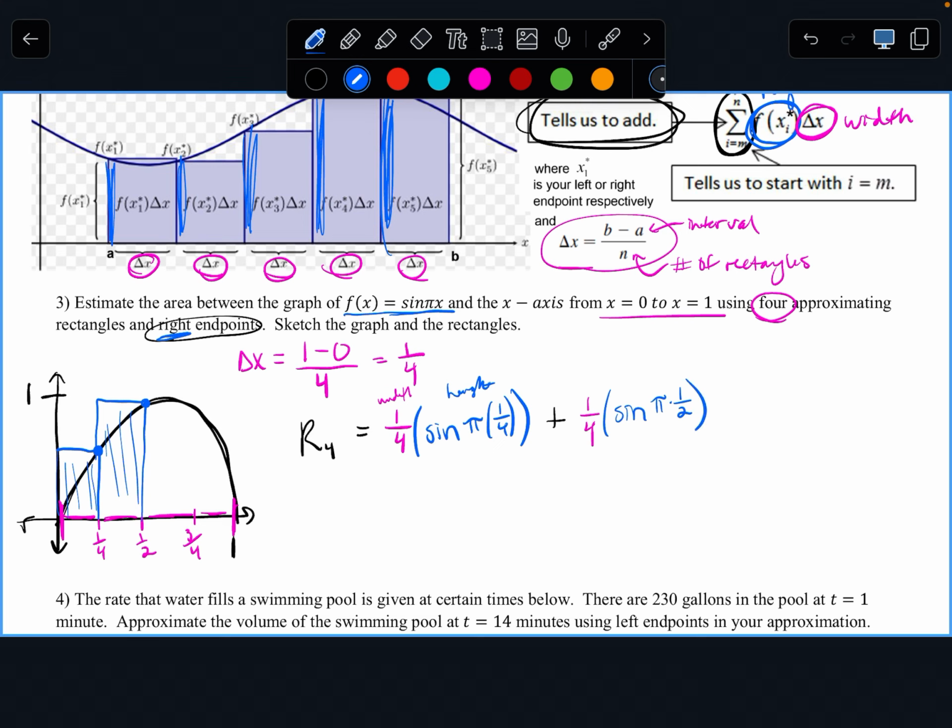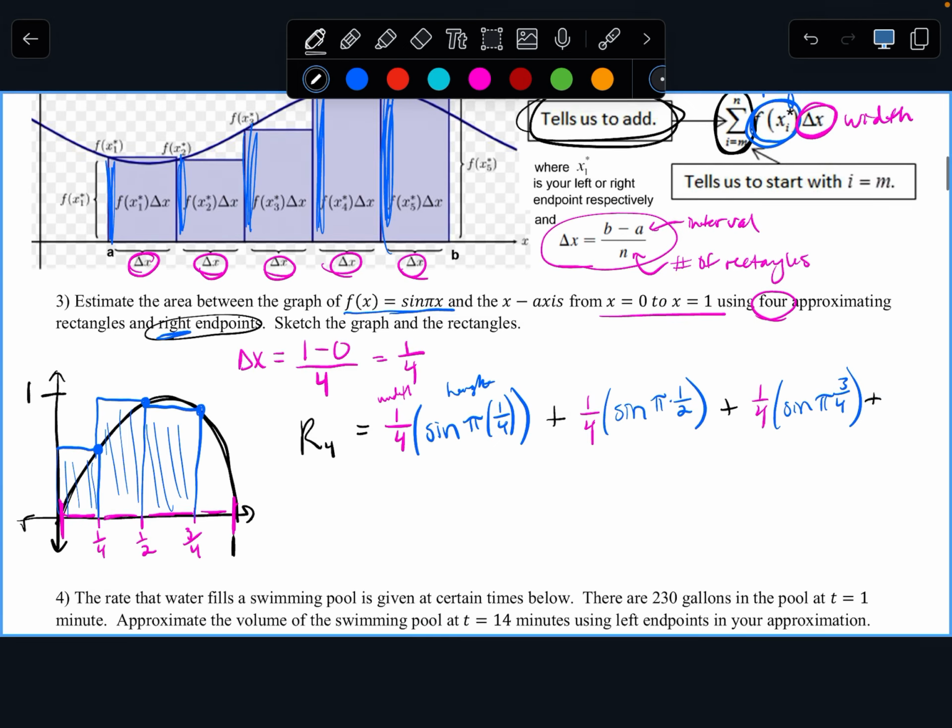And I'm plugging a half in because that's what the x is. And I need the y, like up and down. And then plus, I'll just put here 1/4. And then you do the next one. So sine pi, and then I gotta do 3/4.